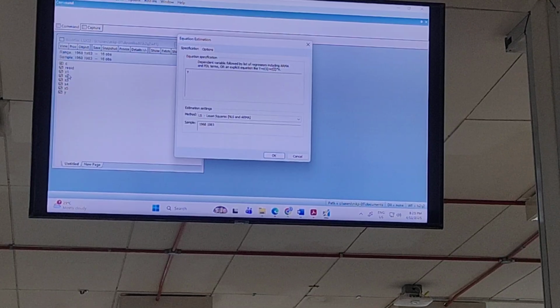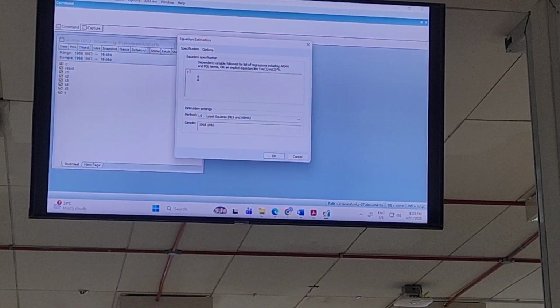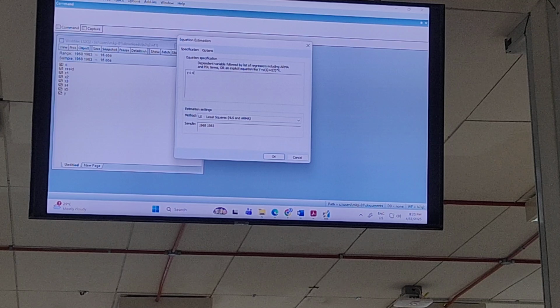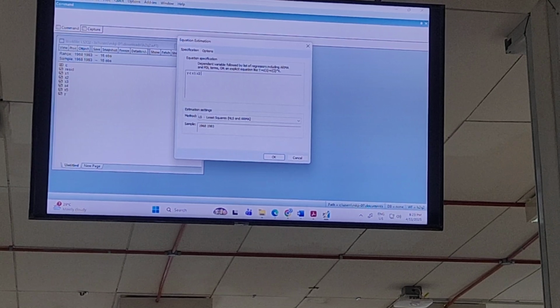If you name the variable GDP or whatever, do not put y, put the name of the variable. Just like what we did before with average cost and cost. When you estimate the model, don't put y and x, you cannot find it. What's your y, what's your x? So this one is y space c space x1, x2, x3, x4, x5.